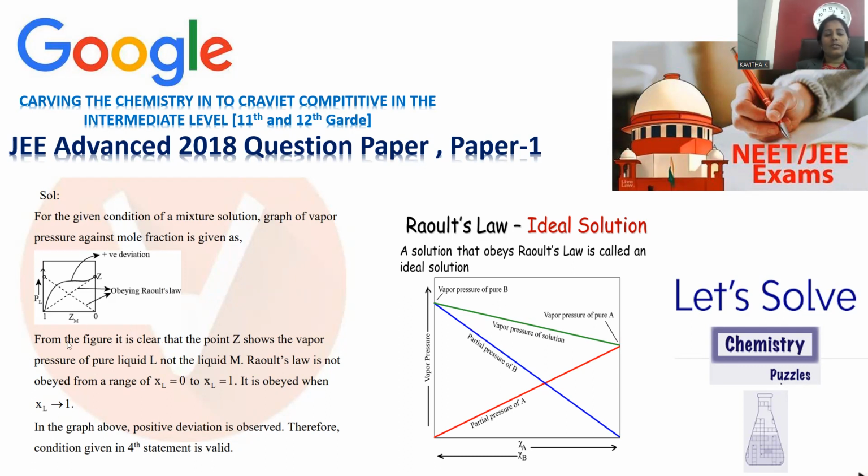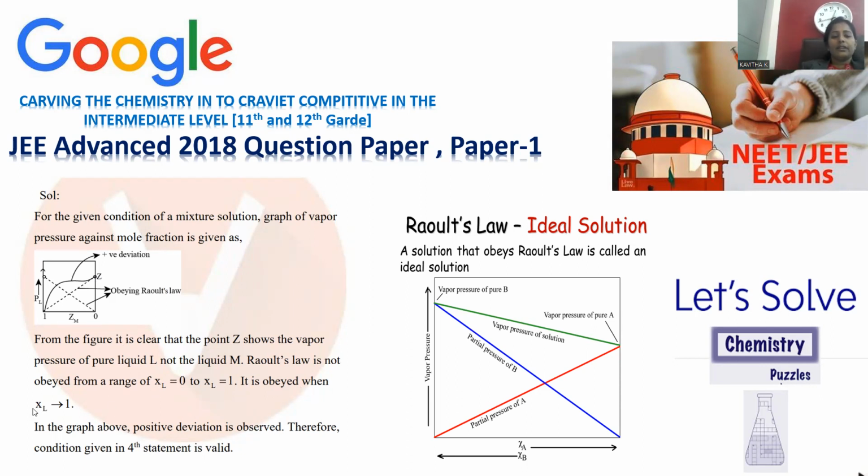So this indicates what? In the figure, it is clear that point Z shows the vapor pressure of pure liquid L. At this point Z, what you can note is the vapor pressure of pure liquid L. Then mole fraction of L equal to 0 to mole fraction of L equal to 1, this entire region is taken into consideration.